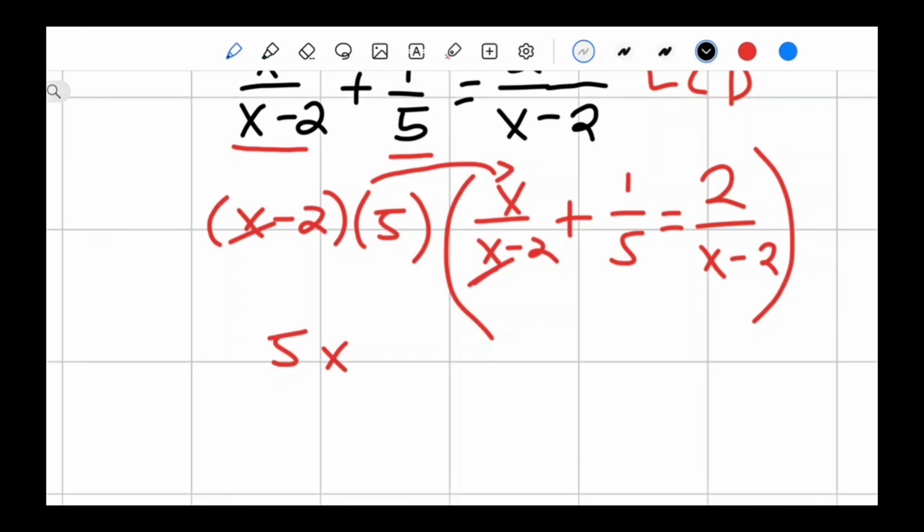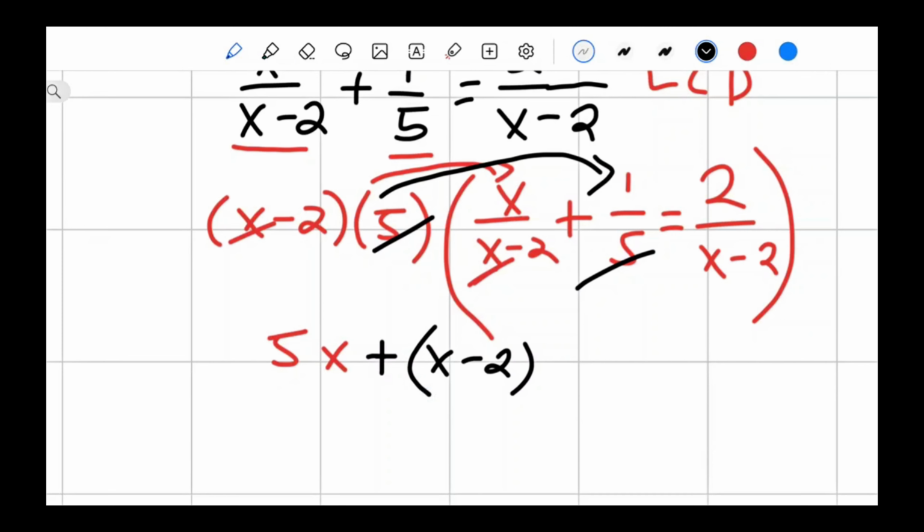Then if we multiply (x - 2) times 5 by 1/5, we cancel the 5, so we are only left with x - 2. Then if we multiply the LCD by 2/(x - 2), we cancel the x - 2 and we are left with 5 times 2, which is 10.